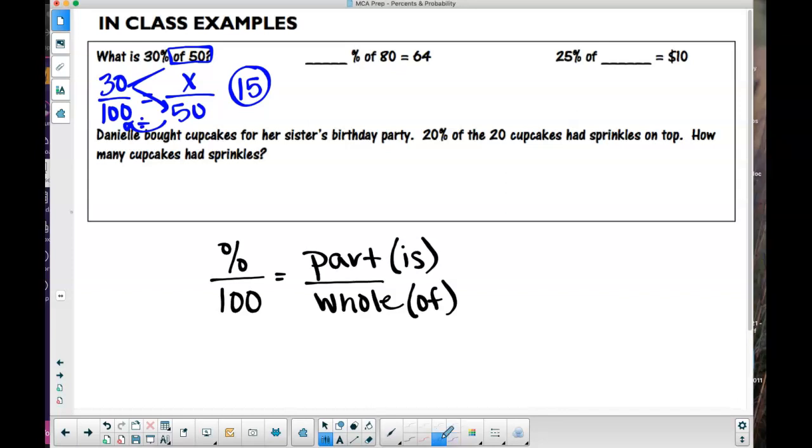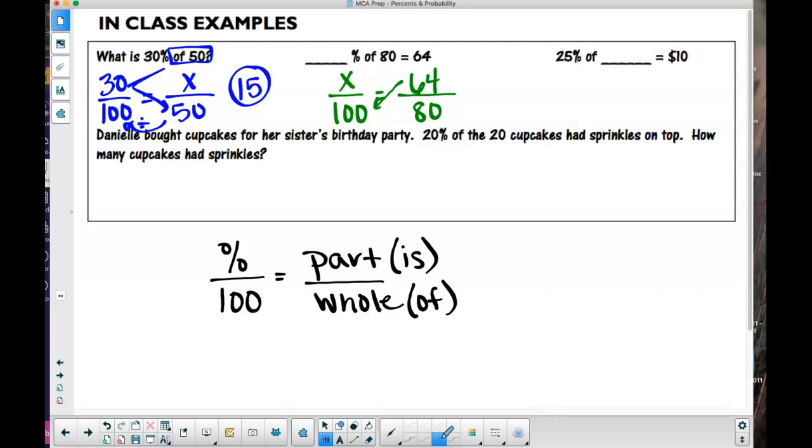So let's try this again. What percent of 80 equals 64? Do we know the percent? No, that's where our X goes. X over 100. Where should the other numbers go? Which one goes on top? Which one goes on the bottom? 64 goes on top, 80 goes on the bottom, and then you solve it.